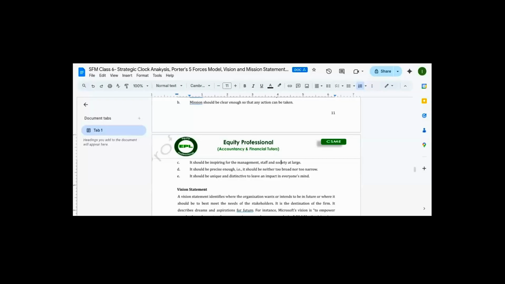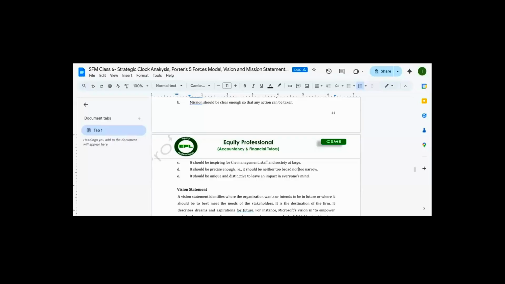It should even inspire the investors. Another characteristic is that it should be precise. It should neither be too broad nor too narrow. It must focus on limited goals. It should not be too lengthy.